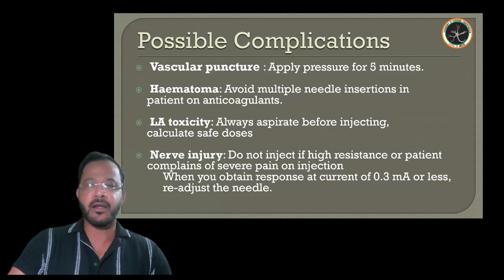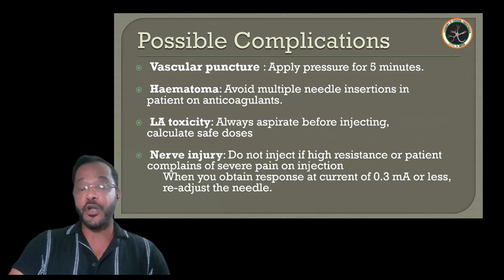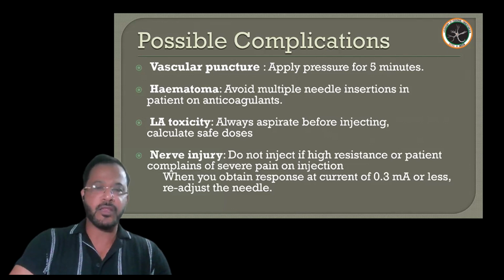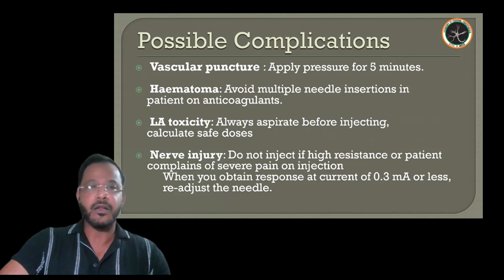So do not inject if there is high resistance or the patient complains of severe pain on injection. And when you obtain a motor response at a current of 0.3 or less, or 0.2 or less, readjust the needle. It means your needle is inside the nerve. Or if you have a pressure monitoring device, use it for your injection. You can prevent nerve injury.